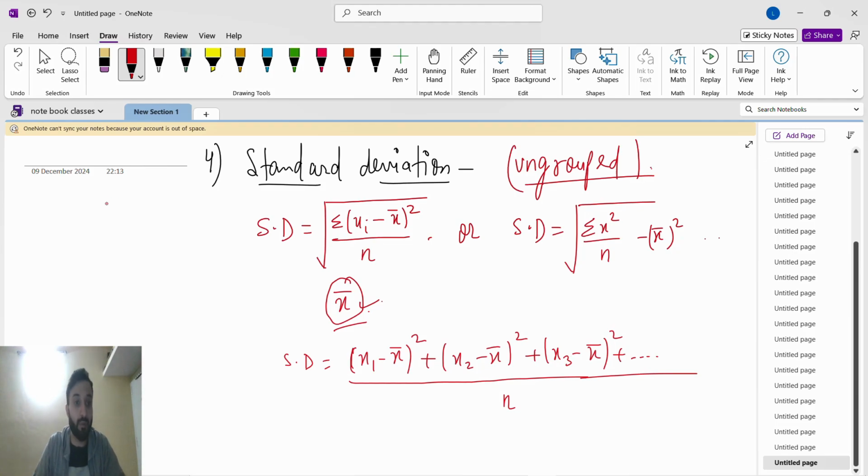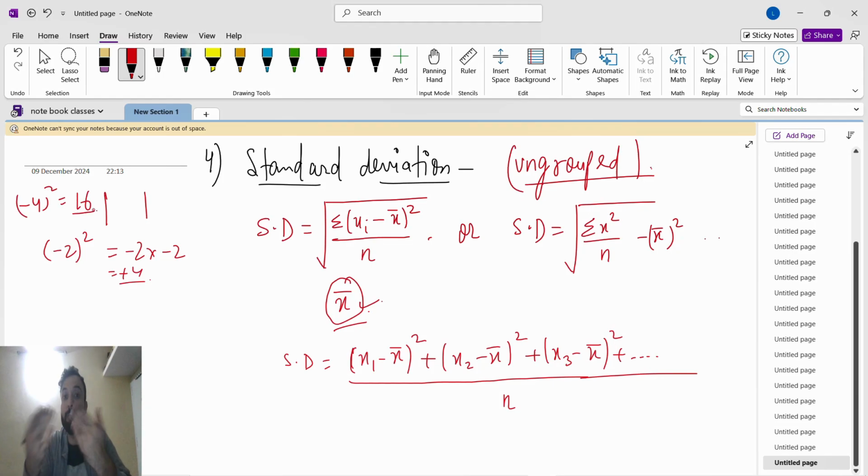But before we had the mod, which converts negative values into positive. Here we don't have mod, so in place of mod we have a square, because minus 2 whole square is minus 2 into minus 2, which is 4, minus minus becomes plus. Same way, minus 4 whole square is 16, and minus becomes plus.